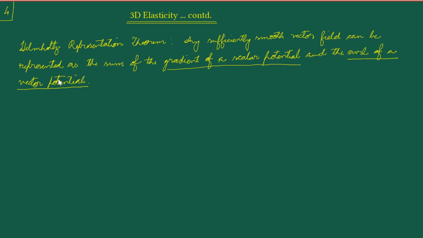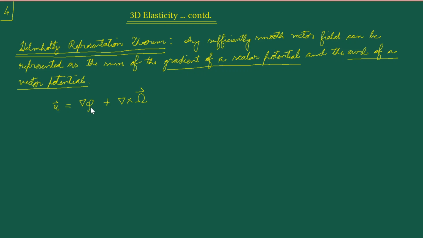So what is this telling us in terms of the displacement vector? What do we obtain from this Helmholtz representation theorem for our displacement vector? It is telling us that this general displacement vector, no matter which problem we are taking up, can be represented as the grad of phi, where this phi is the scalar potential, and the curl of a vector potential.